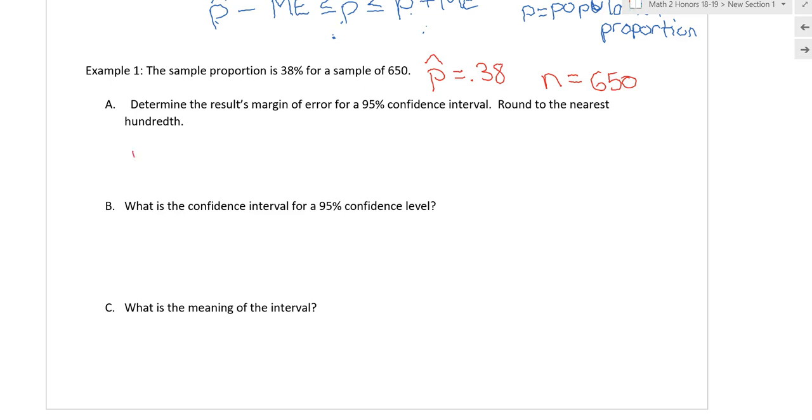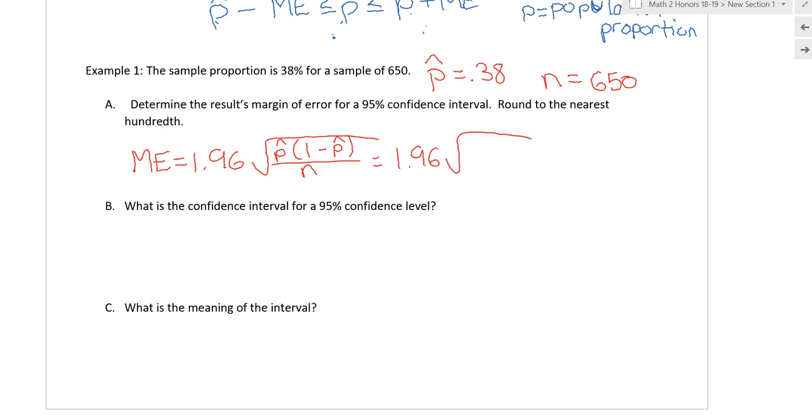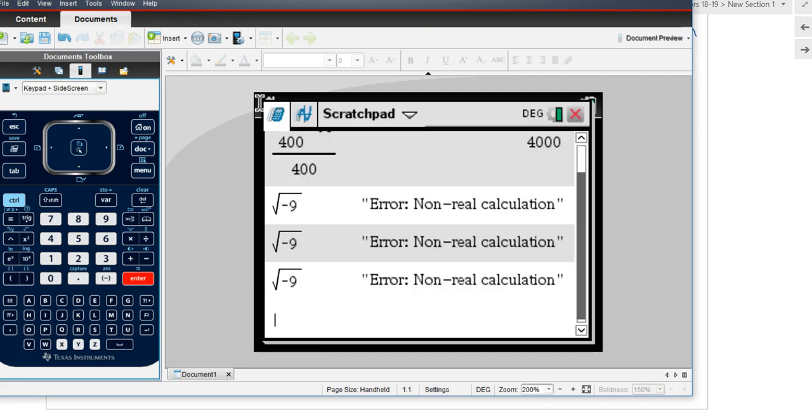So our margin of error equals 1.96 times the square root of p hat, 1 minus p hat over n, equals 1.96 times the square root of, well, p hat is 0.38, 1 minus 0.38 over 650. Okay? And I'm just going to type that whole thing into my calculator.